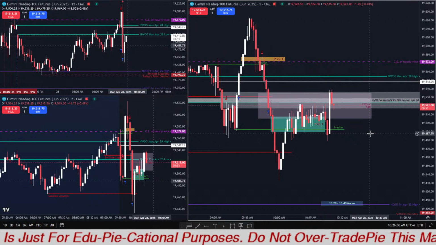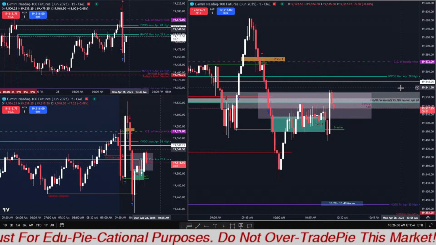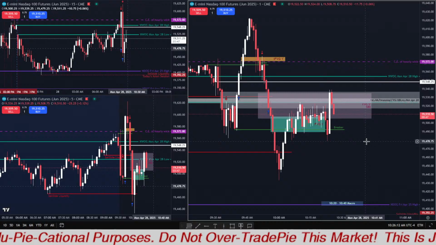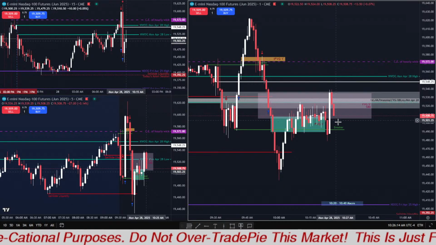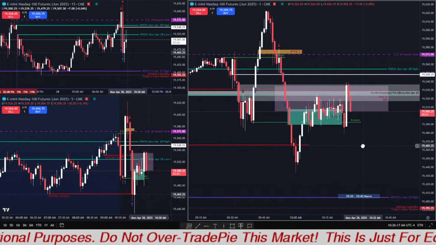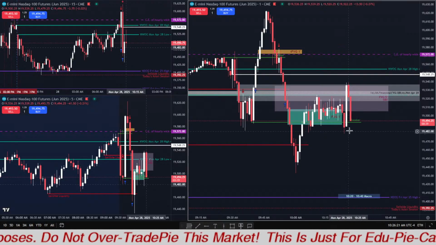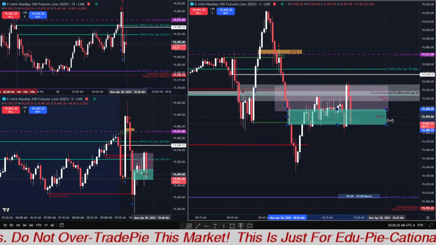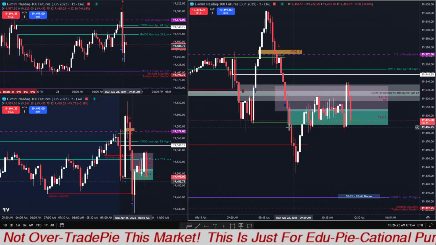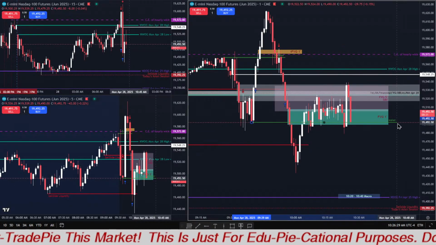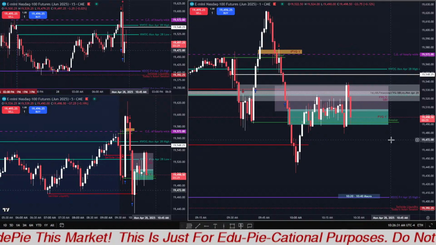Okay, we still respected the first presented fair value gap with our bodies, and after that we have a displacement going lower. Just expanding these levels for more clarity.